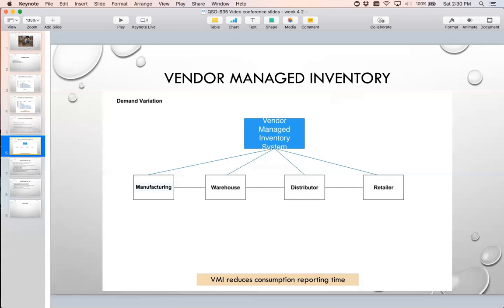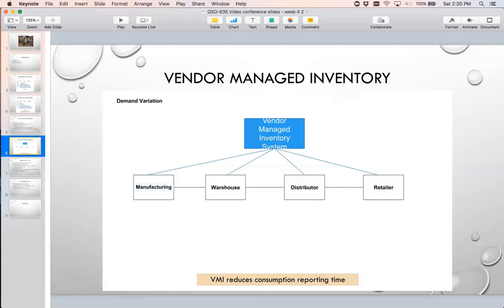So VMI, the main thing it does is it reduces consumption reporting time. Some of the lead time is taken up by actual delay in the system. Basically what happens is the warehouse and the distributor almost take on the same role.